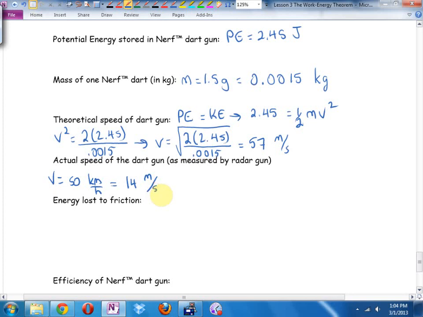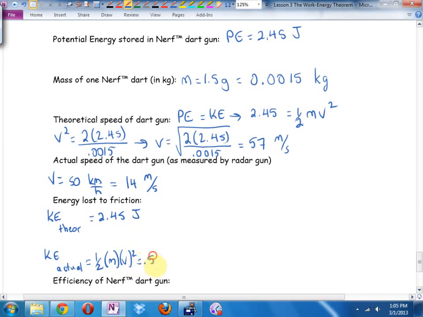How much energy did I lose to friction? Well, let's see. My theoretical kinetic energy was 2.45, right? My actual kinetic energy was a half mv squared.